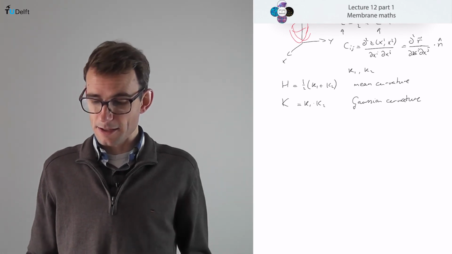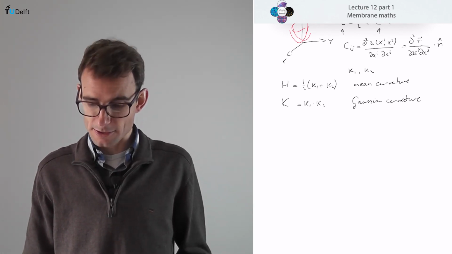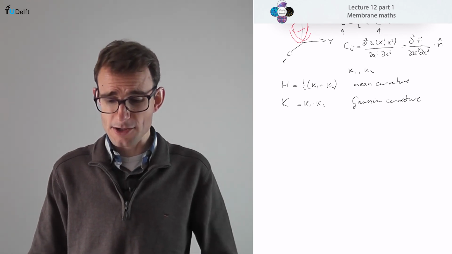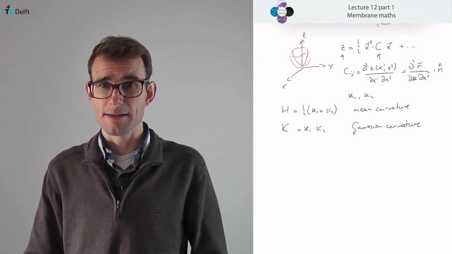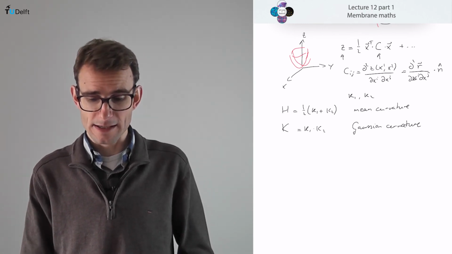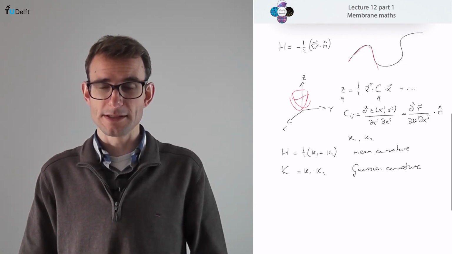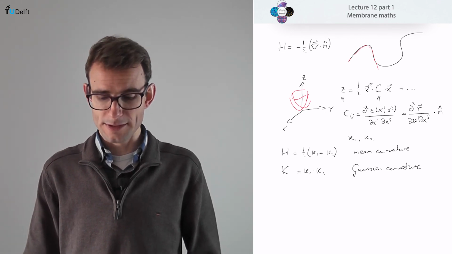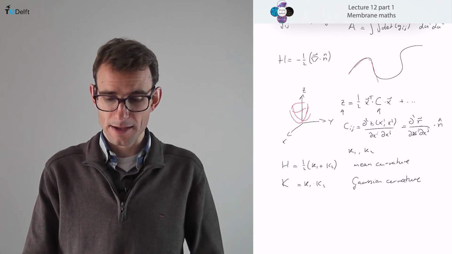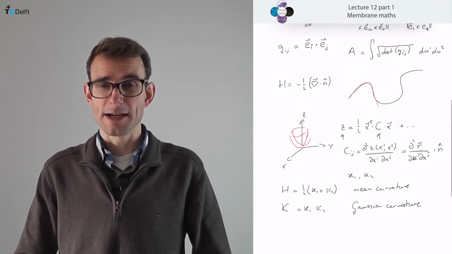So as I said, these are related to the trace and the determinant. We have to be a little bit careful though. This Cij, even though it looks like a matrix, it actually is not. It is a tensor representation of what is known as the second fundamental form. And so is the metric tensor.